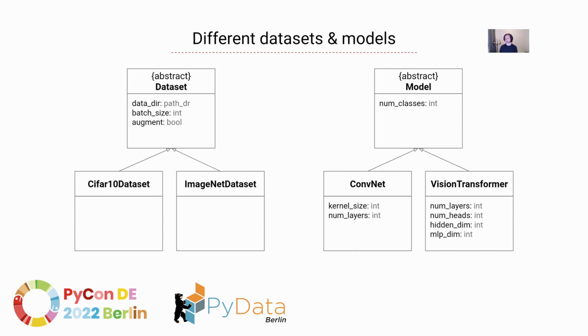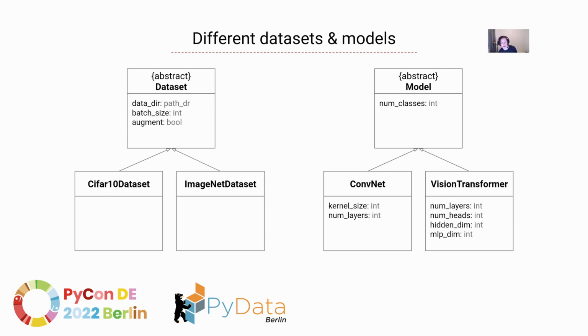Let's say we want to also try a bigger dataset like ImageNet, and we also want to try a cool new model, let's say a vision transformer. So what would we do in the code? We would basically create two abstract classes, one for dataset and one for model, and then we would implement two subclasses for the dataset and two subclasses for the model.